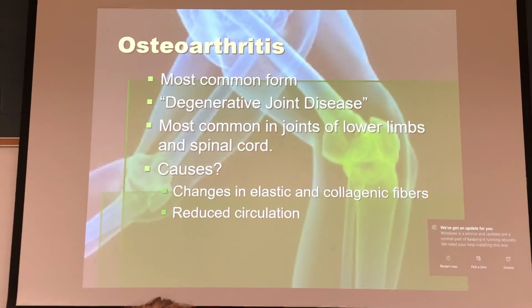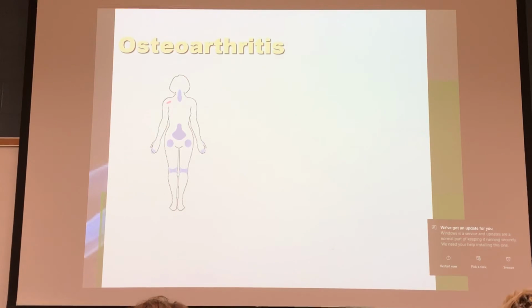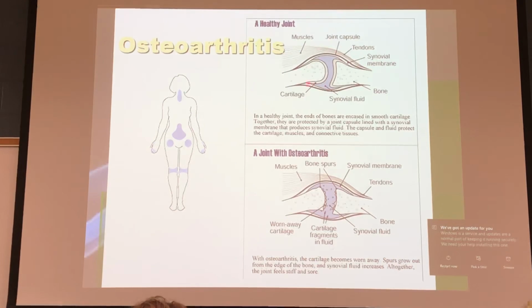So that's osteoarthritis, our first type of arthritis. Let me show you a diagram of where you can find osteoarthritis. You can see that these are the hot spots. Again, major joints: knees, hips, shoulders, vertebrae, lower and upper. Take a look at this. Here is a healthy joint. Everything that we've talked about: there's the articular cartilage, here's the capsule, here's the fluid.